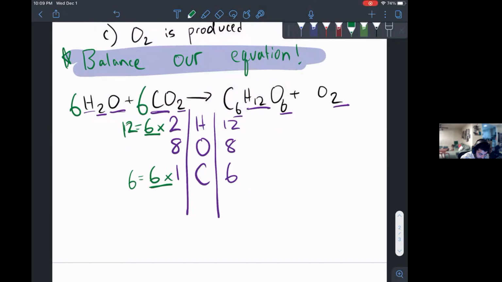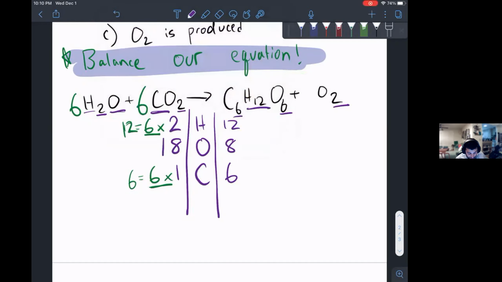So I have 6 water plus 6 carbon dioxide makes glucose and oxygen. Now, the only problem is, once again, this 6 doesn't only apply to the carbon, but also the oxygen. So now I have 6 times 2, 12 oxygens, plus another 6 oxygens there. So 12 plus 6, that's going to bring me up to 18 oxygens.